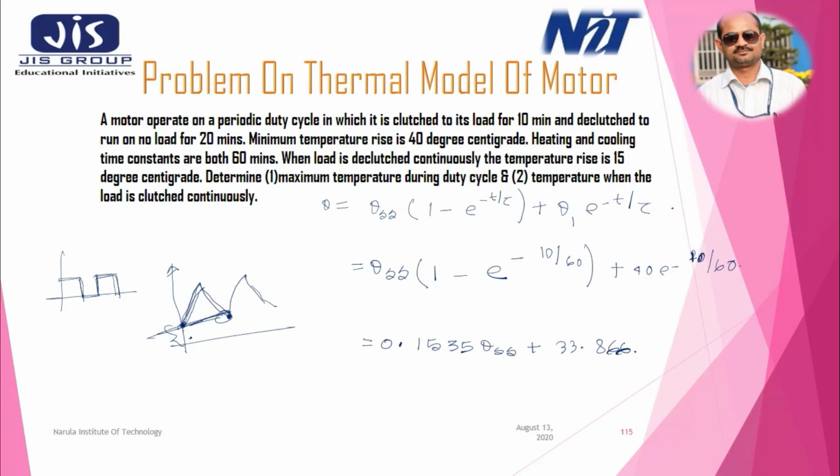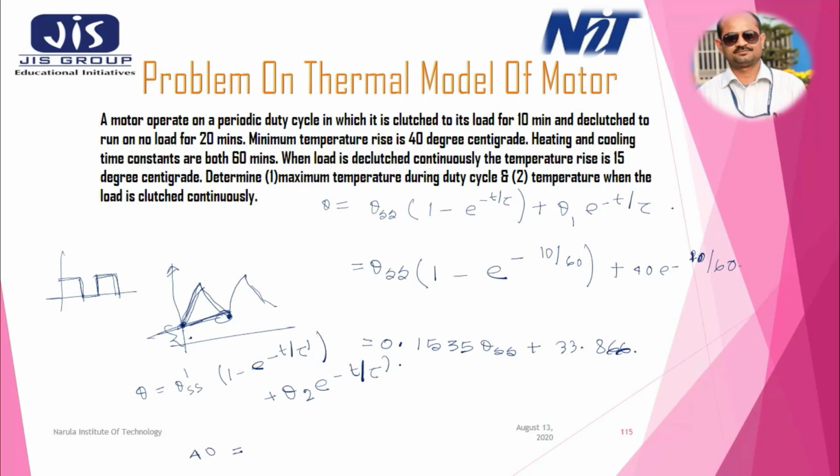Or from the equation for the cooling period, that is theta equals theta ss dash times (1 minus e to the power minus t by tau dash) plus theta 2 e to the power minus t by tau dash, where we get theta from this equation as 40.